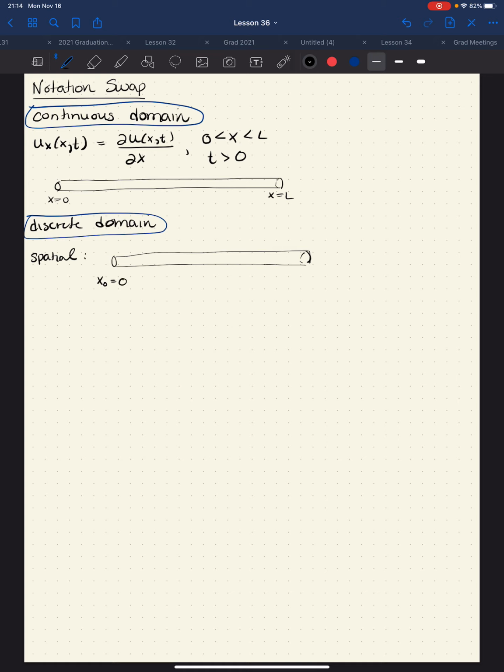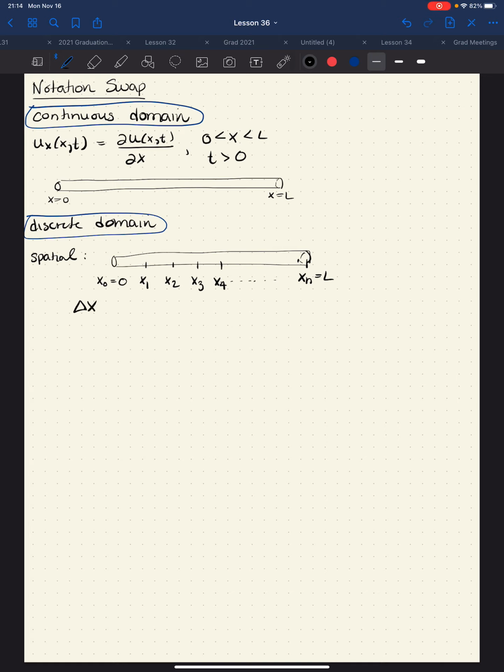But then I have an x_1, and I have an x_2, and I have an x_3, and so on, I'll do an x_4 just for fun, until I get to x sub n, and that is equal to L. But I do not have an x of 1.2 or 1.5. I have no information in between x_1 and x_2, and now you can kind of see why it's important how large or how small delta x is.